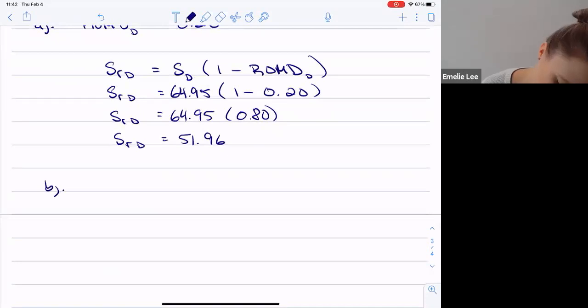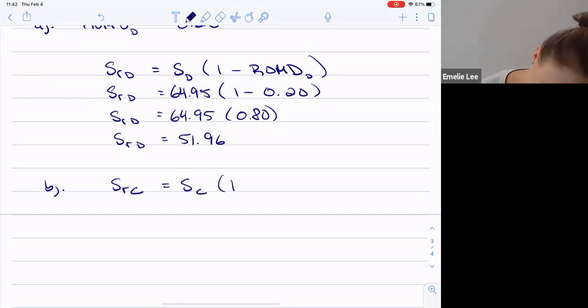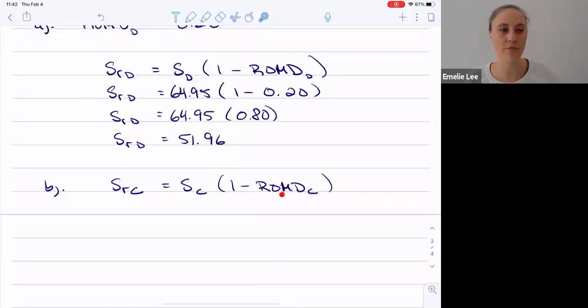So B, SR for merchant C is going to be S, the original selling price for merchant C, times 1 minus the lambda for merchant C, which is what we want to solve for. So we're forcing the sale price, right?